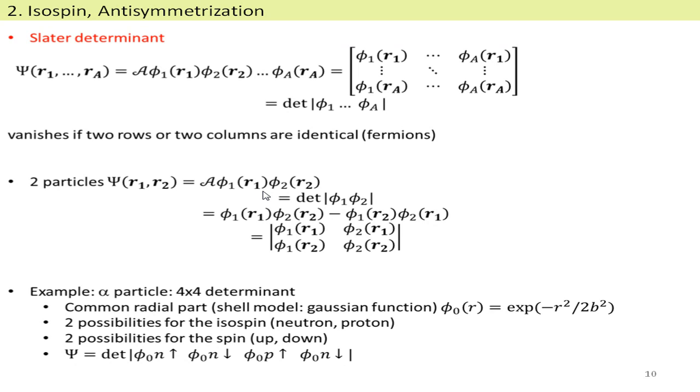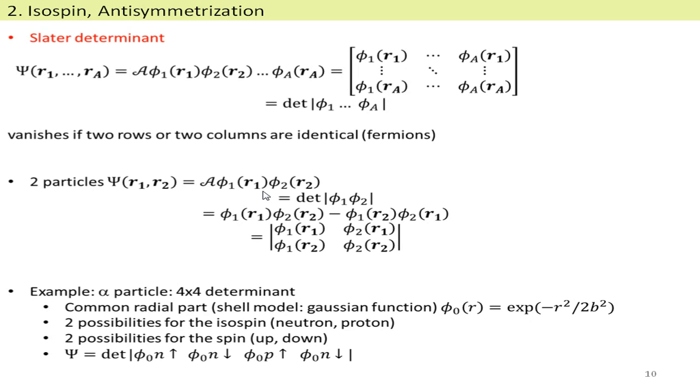You cannot have 2 nucleons in the same state, and this is consistent with that. And so this is the Slater determinant, and a shortcut to write this Slater determinant is the determinant of phi 1 to phi A, and this means that you consider this Slater determinant here.